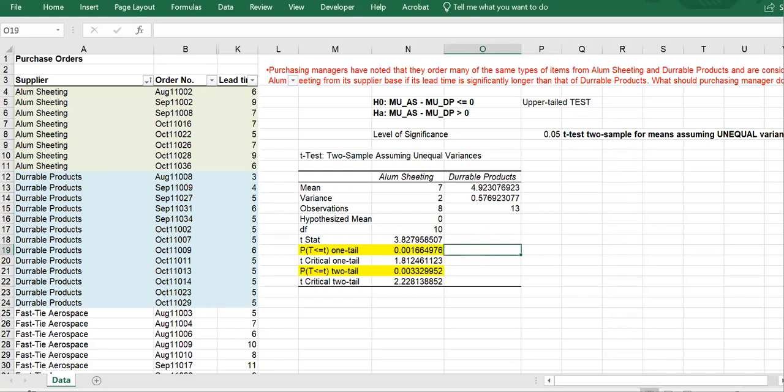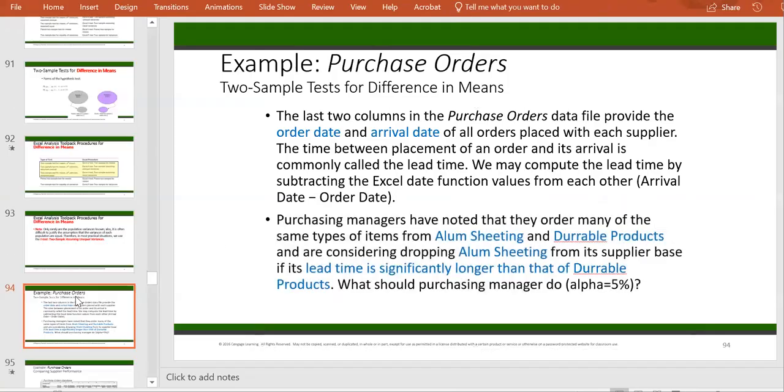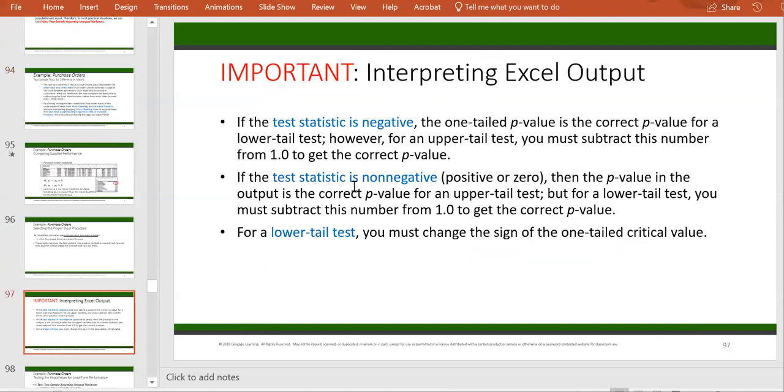Going back to our PowerPoint, we just need to take a look at the test statistic. If the test statistic is negative, the one tail p-value is the lower tail p-value. If the test statistic is positive or zero, then the p-value is the upper tail p-value.